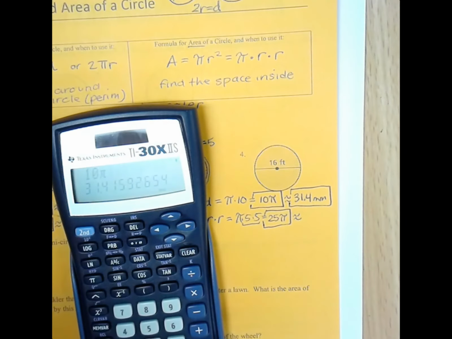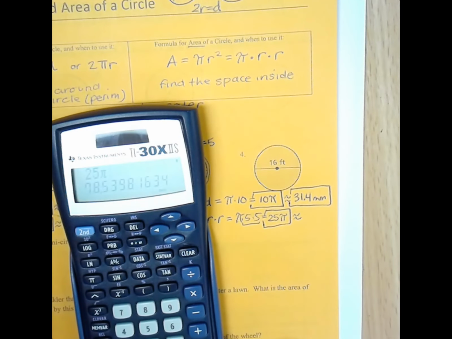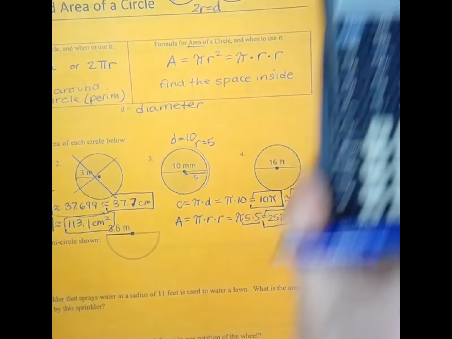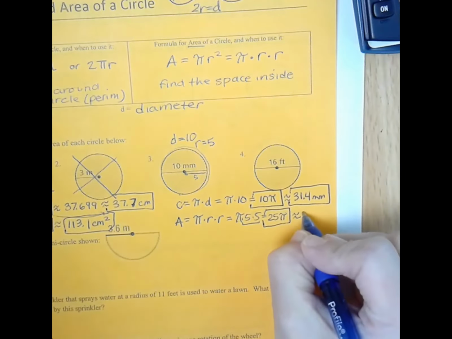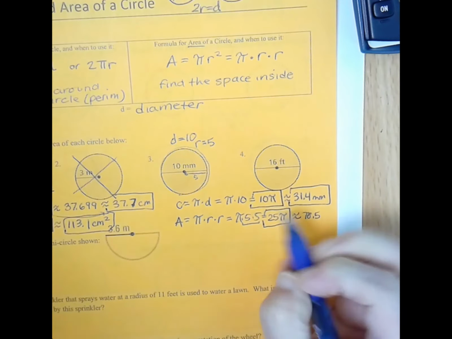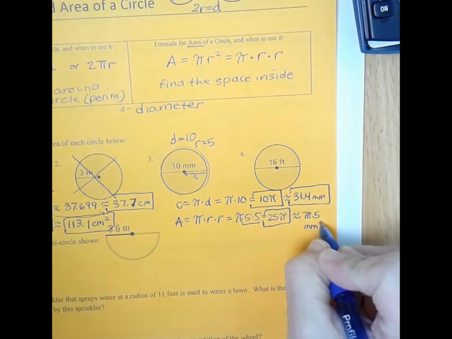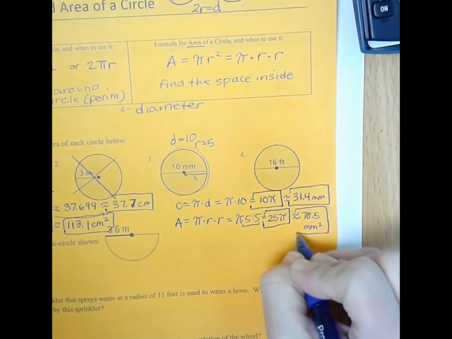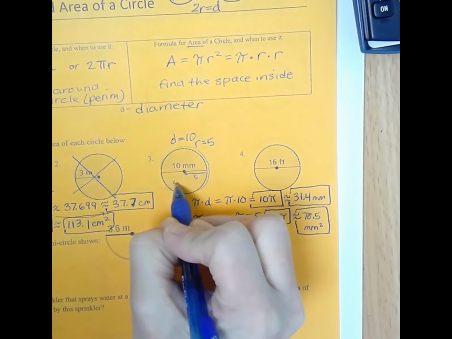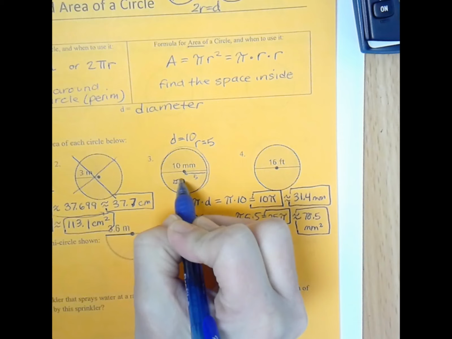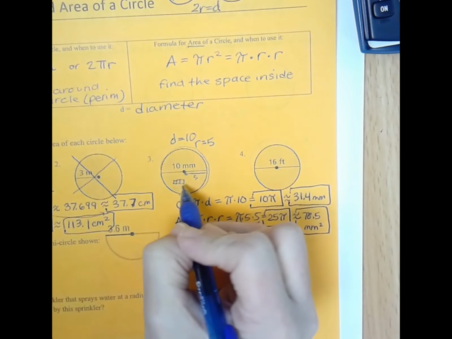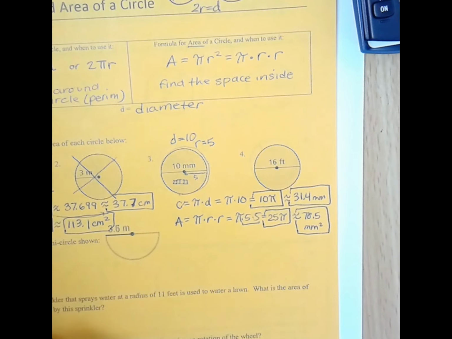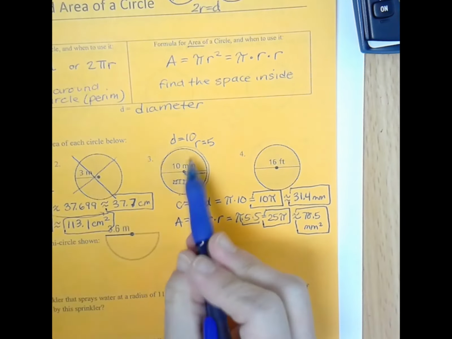And 25 times pi is about 78.53. So if we round that correctly to the nearest tenth, we'd have about 78.5. And that would be square millimeters. So remember your label, because we're working with the area, filling up this little area, it would take about 78.5 of these little square millimeters to fill up the space in that circle.